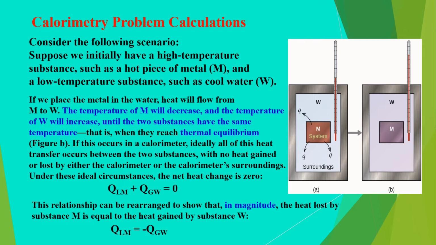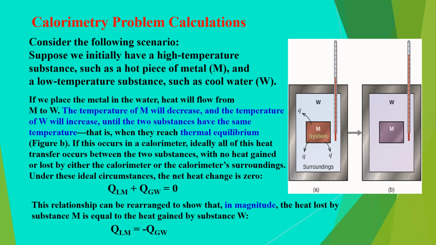If this occurs in a calorimeter, ideally all of this heat transfer occurs between the two substances, with no heat gained or lost by either the calorimeter or the calorimeter's surroundings. Under these ideal circumstances, the net heat change is zero, or the heat lost by the metal plus the heat gained by water equals zero.